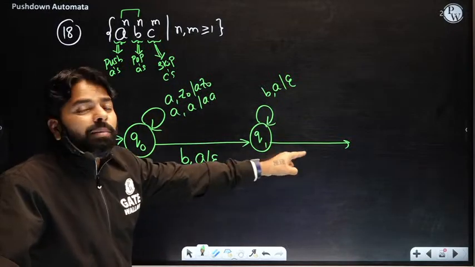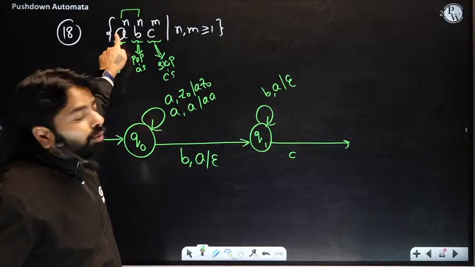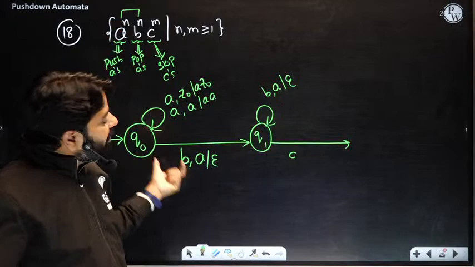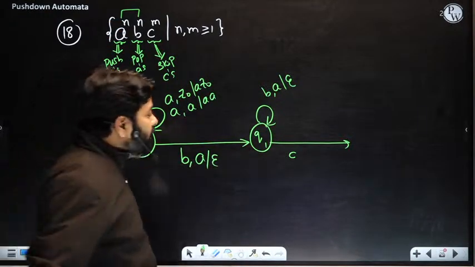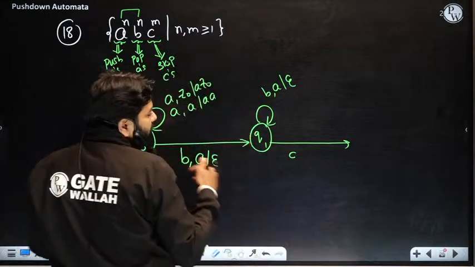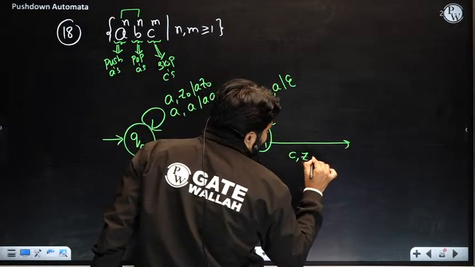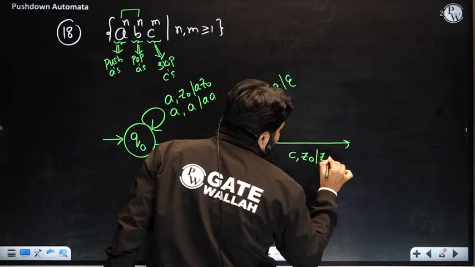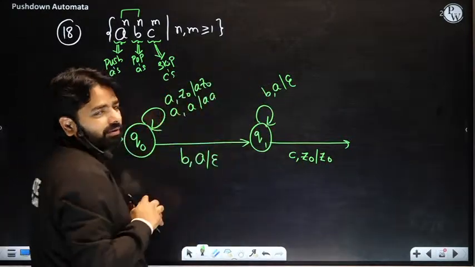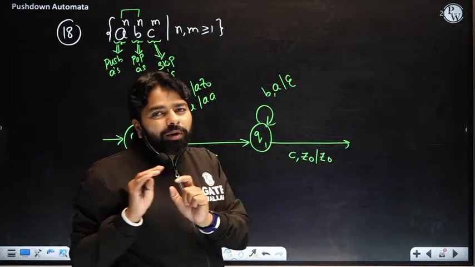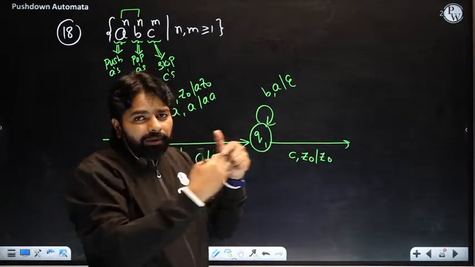If I say C comma A, it means A's are more, because if A's are more, A's will be left on the stack. So this combination is going to decide basically whether these two are equal or not. C comma Z naught means these two are equal. However many A's are pushed, that many A's we popped. That's why when C came, nothing was left on the stack and all the B's were scanned.